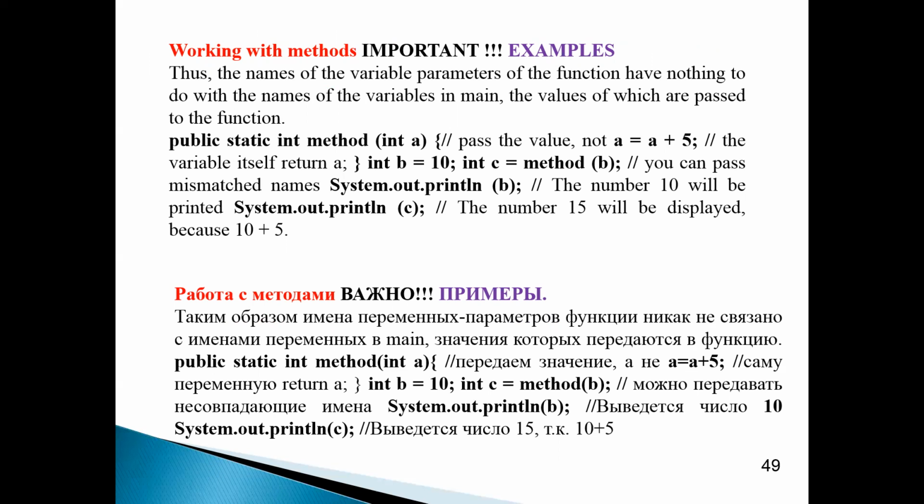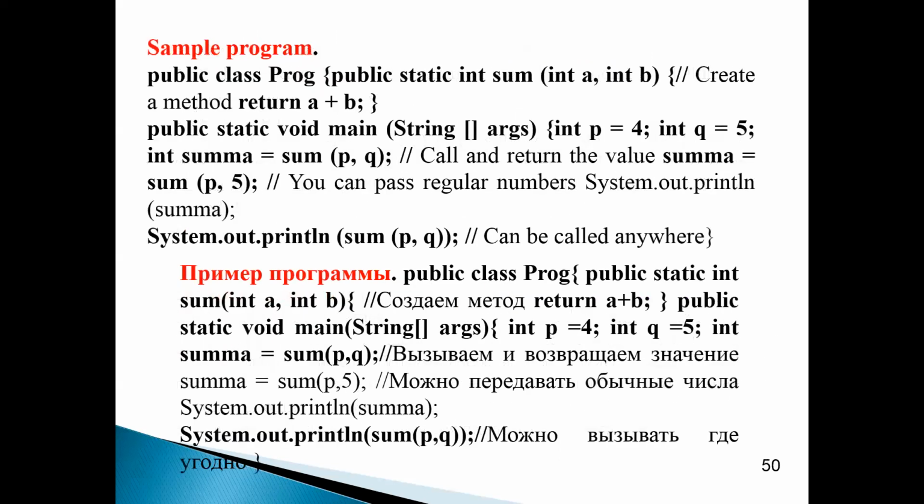Working with methods, very important. Thus, the names of the variable parameters of the function have nothing to do with the names of the variables in main, the values of which are passed to the function. Please look carefully at this slide.